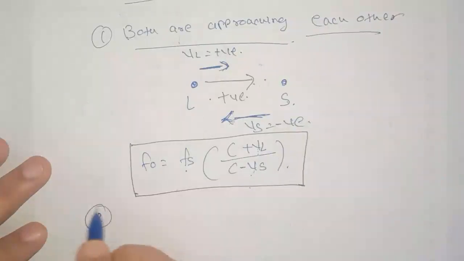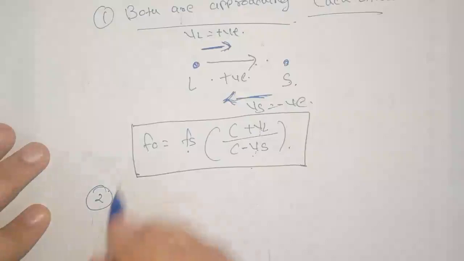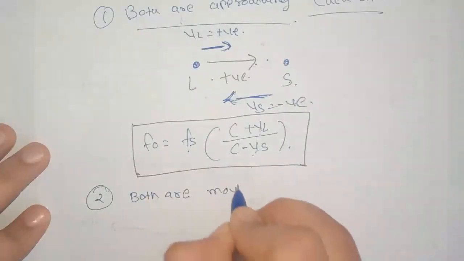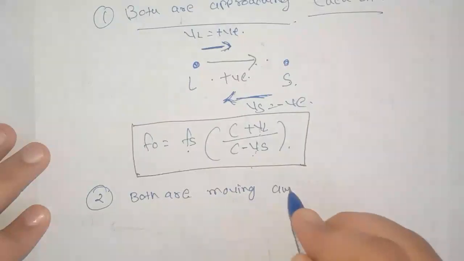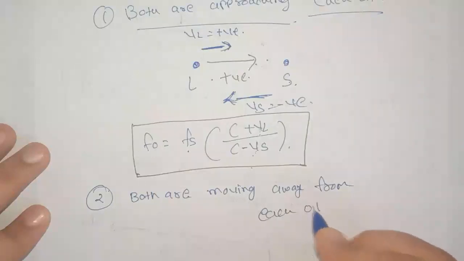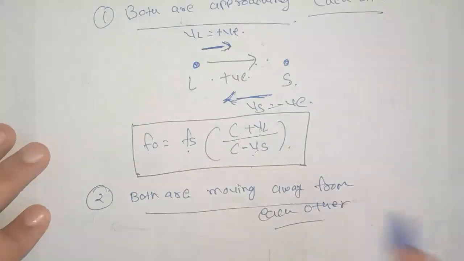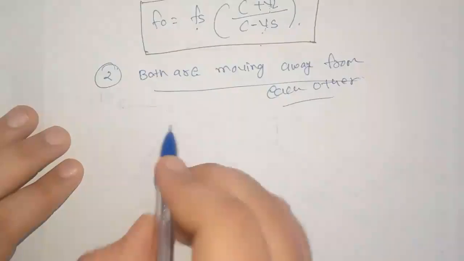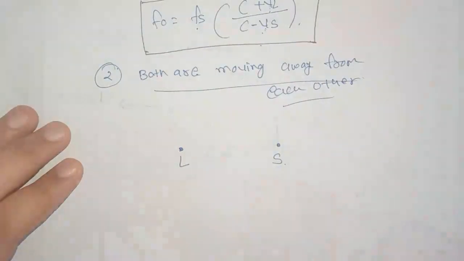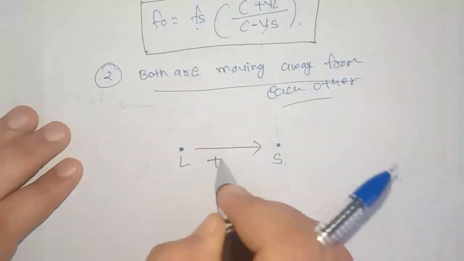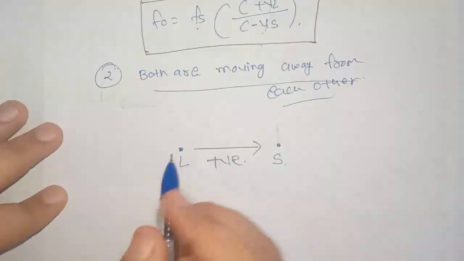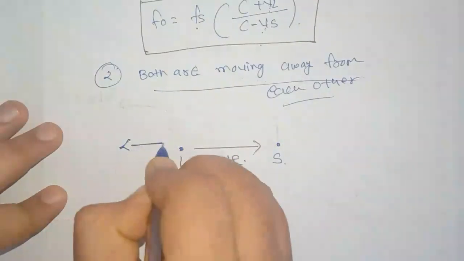The second case, when both are moving away from each other. This is listener and this is source. For reference, this L to S direction is taken positive. Now both are moving away from each other. So listener will be moving in this direction.